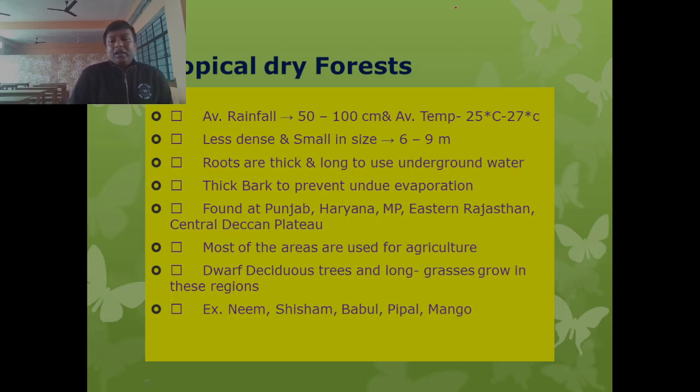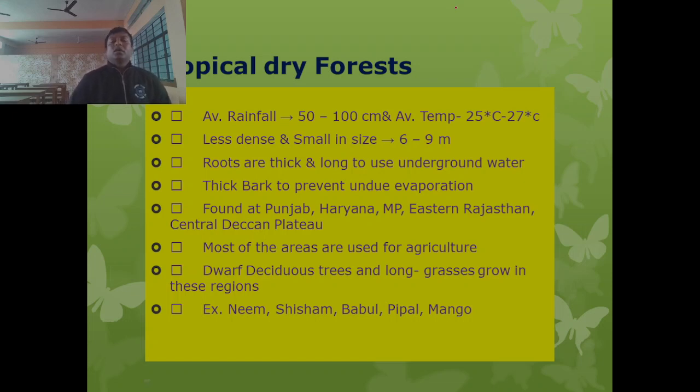In this forest, it is less dense and the trees are small in size, at almost 6 to 9 meters. The roots are thick and long to use underground water. The major areas are Punjab, Haryana, MP, Eastern Rajasthan, and the central Deccan Plateau area, and most of the area is used for agriculture in this part.